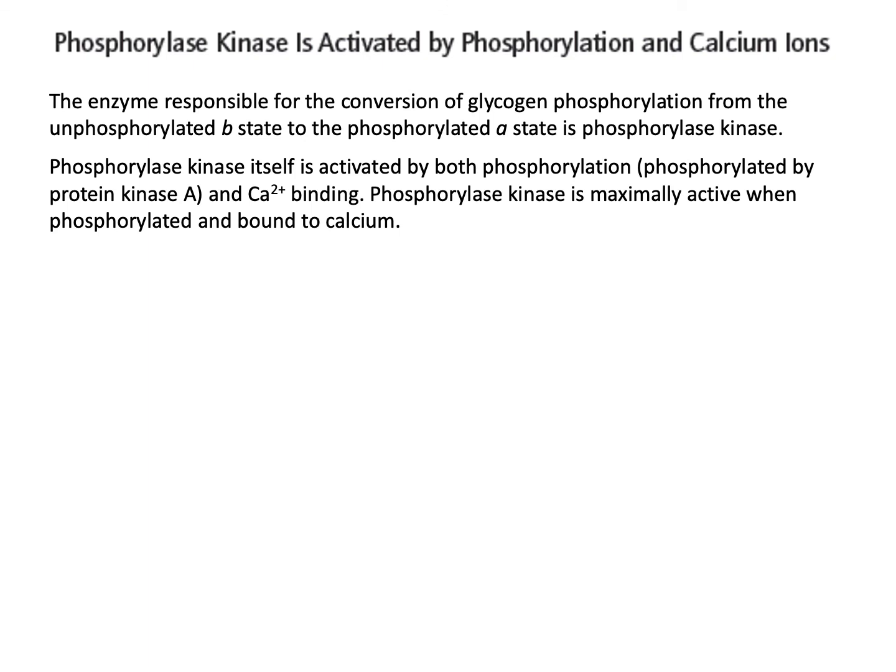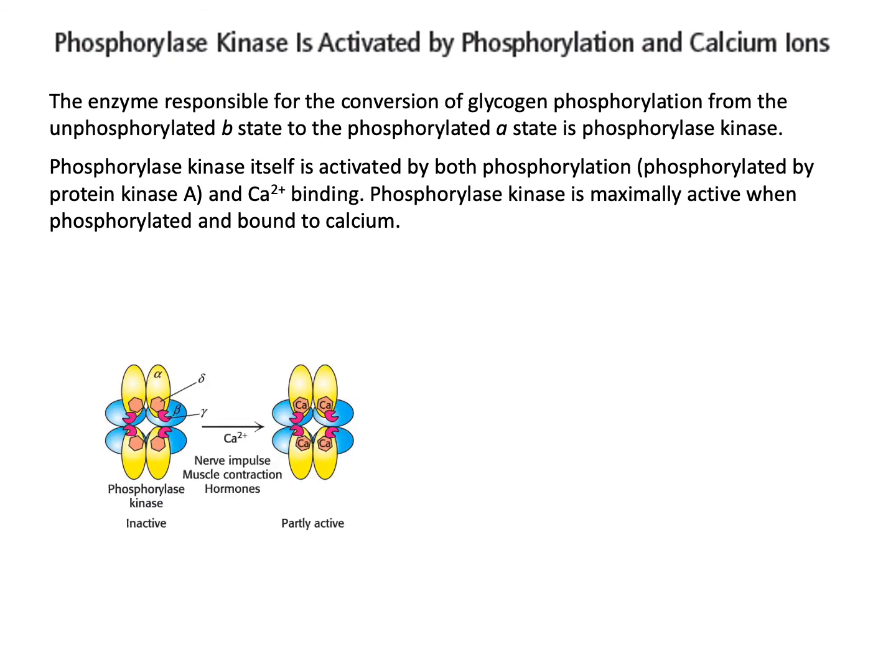The enzyme responsible for the conversion of glycogen phosphorylase from the unphosphorylated B state to the phosphorylated active A state is phosphorylase kinase. Phosphorylase kinase itself is activated by both phosphorylation and calcium binding. It is maximally active when phosphorylated and bound to calcium.